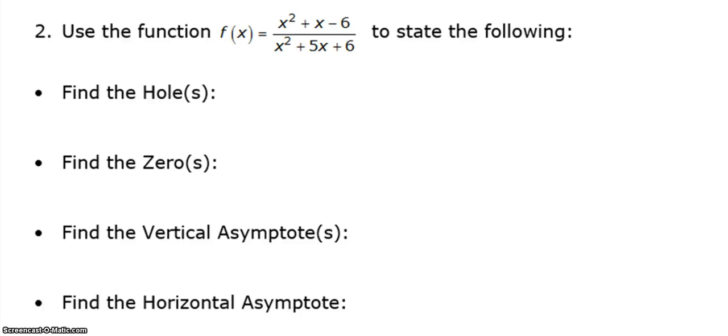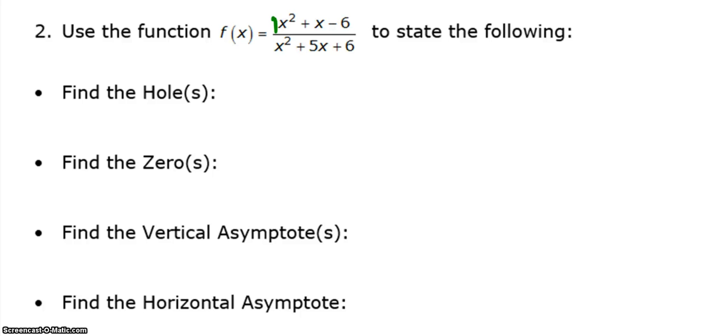So looking at the numerator, x squared plus x minus 6, you want to see if there's a greatest common factor. There is not one. So now we do a times c. My a is 1, times c, which is negative 6. 1 times negative 6 is negative 6. So then what are my factors of negative 6 that I'll add to a positive 1?